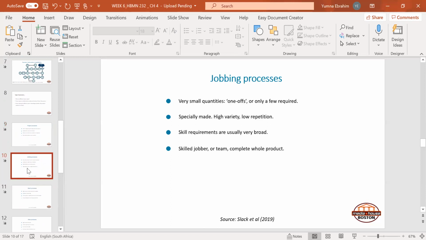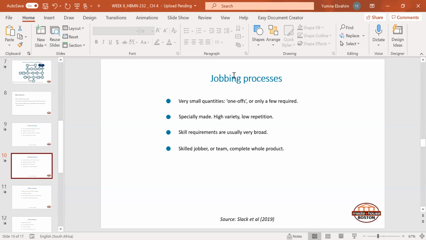Then we have the jobbing process. So here we have small quantities or one-offs where there's a few required. It's also specially made with lots of variety and limited repetition. The skills are very broad, and then the skilled jobber or team complete the whole product. So I would think an example here would be going to a fashion designer and, for example, having your wedding gown made.